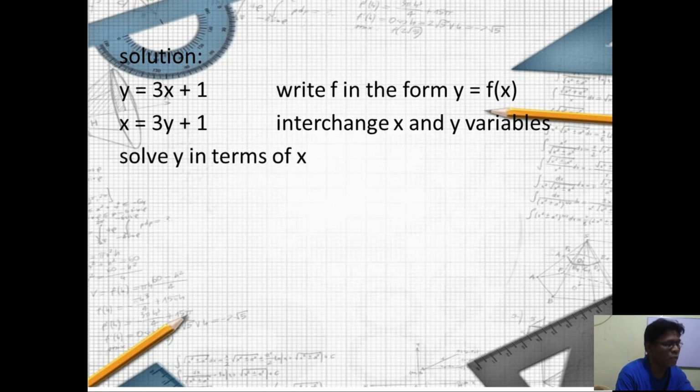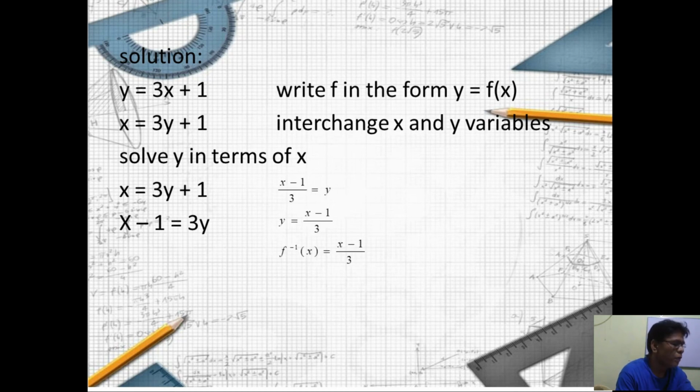Then step number 3, solve for y in terms of x. x = 3y + 1. Then solve for y: x - 1 = 3y. Then divide both sides by 3, and it becomes (x - 1)/3 = y, or y = (x - 1)/3, and that is f^-1(x) = (x - 1)/3.